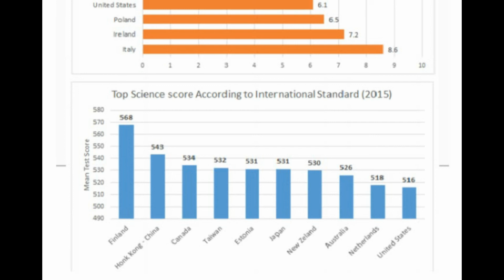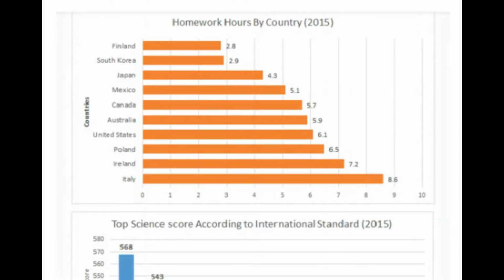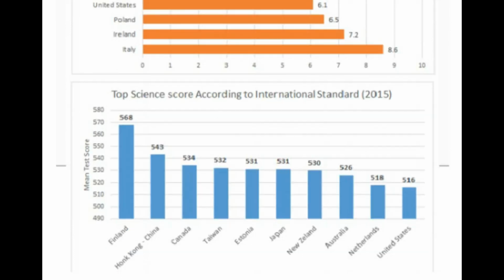I guess we don't see Italy in the bar chart below. So I think Italy is not there. Okay, so we can say there is very little overlap between these two charts, right? Maybe we might be able to find some of the countries in both graphs. Let me look a bit closer. Finland, do we have Finland? Yes, we do.